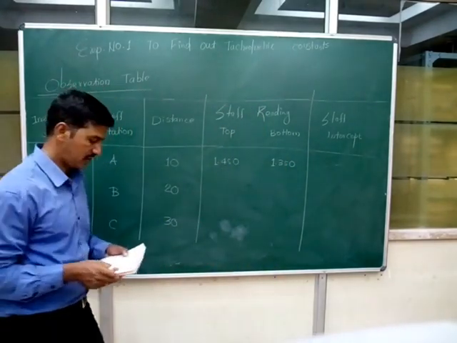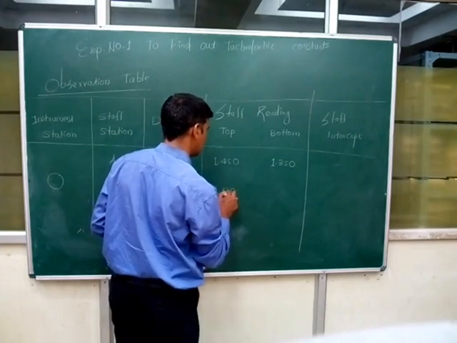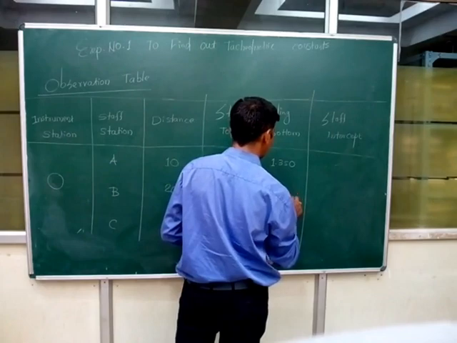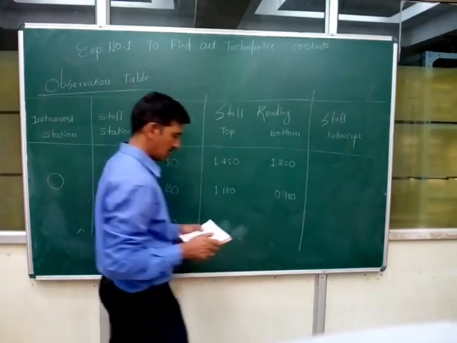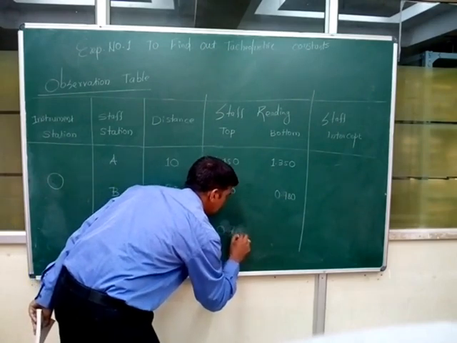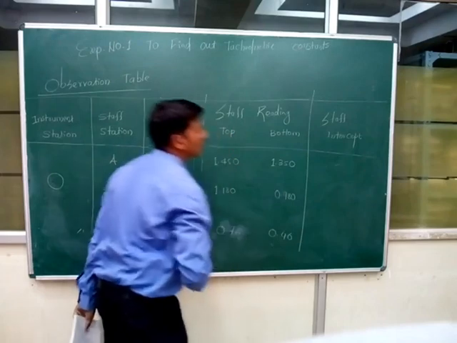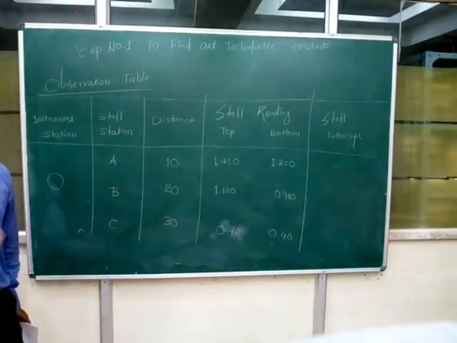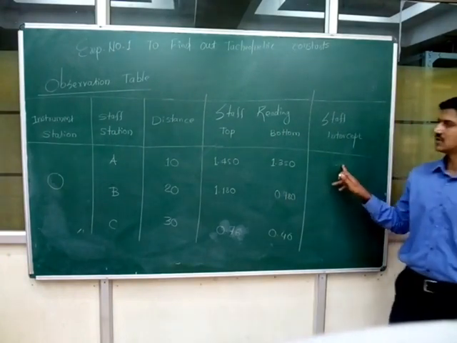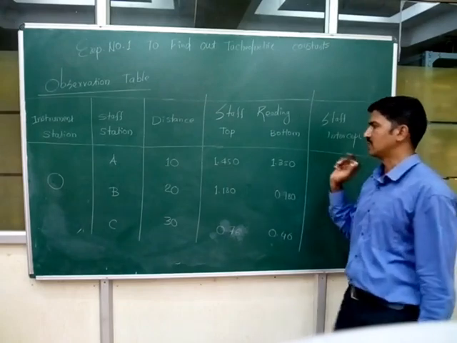For start B it is 1.180 and 0.980, and for point C it is 0.76 and 0.26. Next column is to find out the start intercept. The start intercept is nothing but the difference between top hair reading and bottom hair reading.